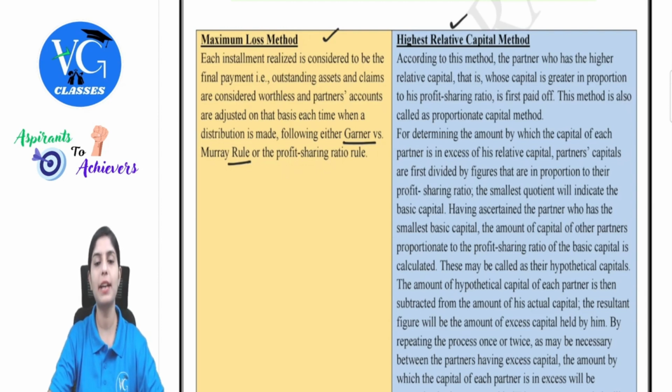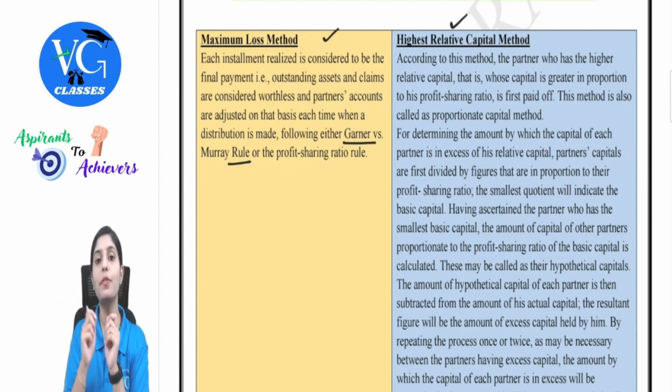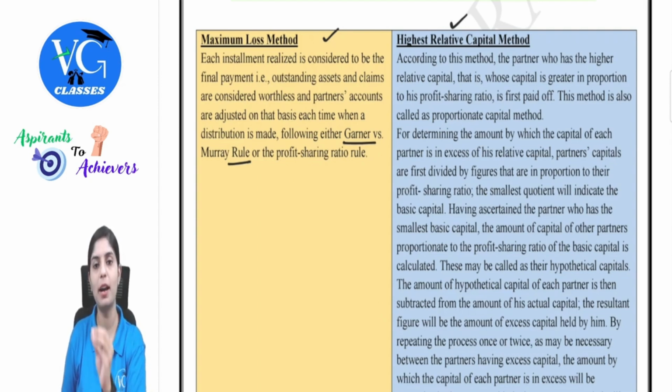Next, the highest relative capital method. Now, this again focuses on distribution to partners, but here the importance is given to their capital balances. So what we are supposed to do under this method is we will consider the capital balances or capital investment made by the partners present in the business. We will take their profit sharing ratio. First, understand their per unit of share, and then with the per unit of share, we will take any one of the capitals which is least as base and find out proportionate capital.